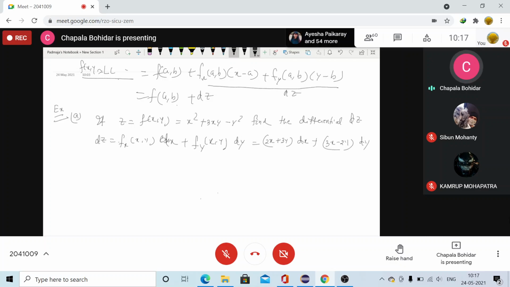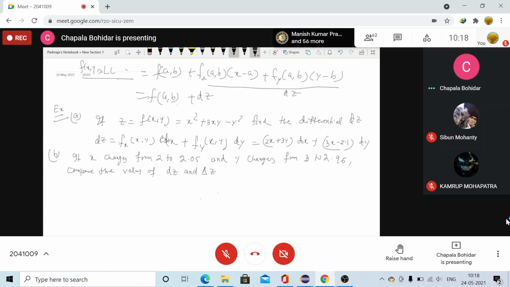Question B says that if x changes from 2 to 2.05 and y changes from 3 to 2.96, compare the values of dz and del z.